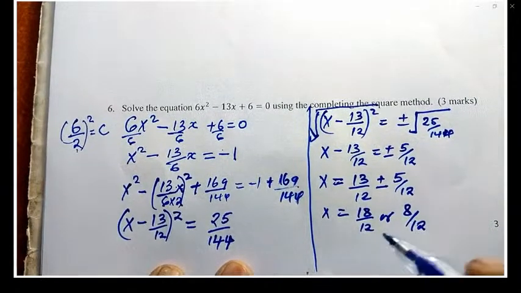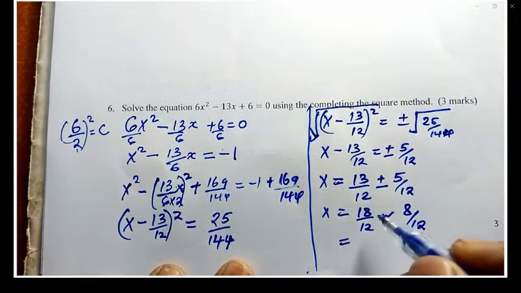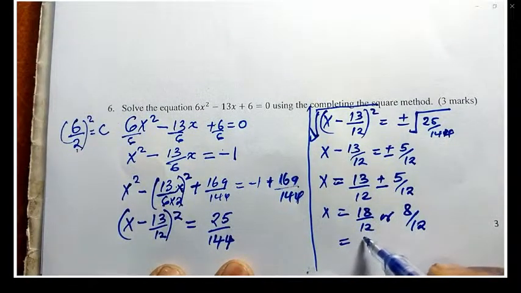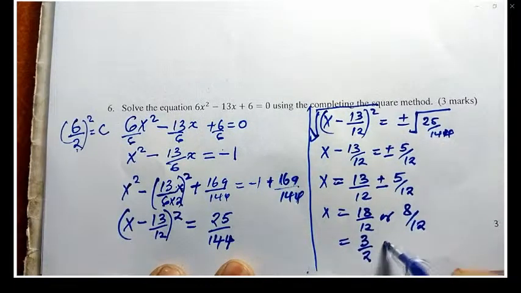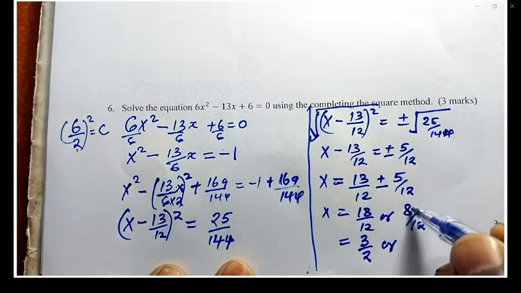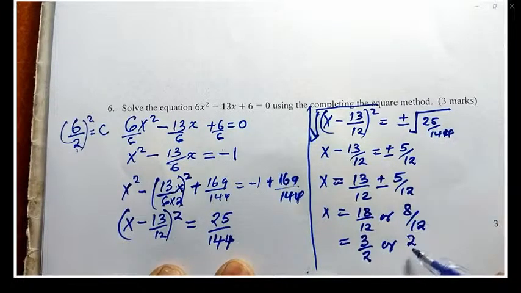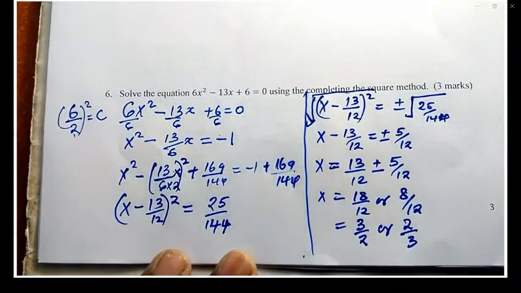So we cannot leave the answer like that. We can simplify. 6 here goes 3 times, 6 here goes 2 times. Or 4 here goes 2 times, 4 here goes 3 times. So we can simplify it like that, and those are the values of x.